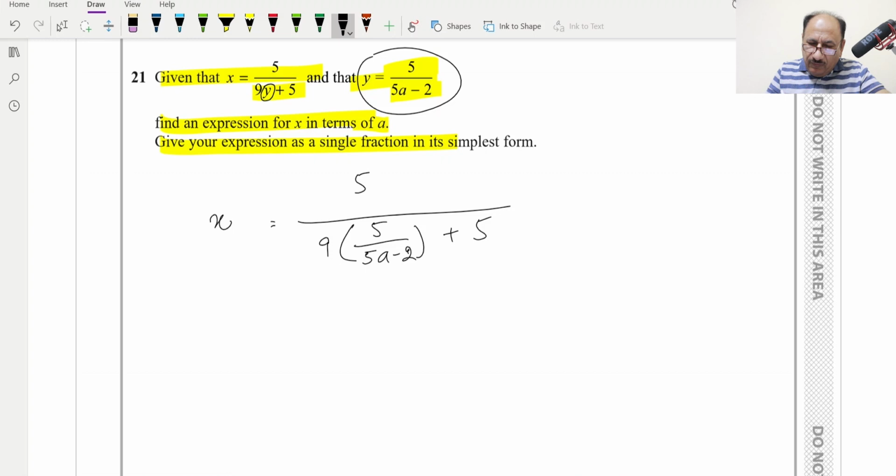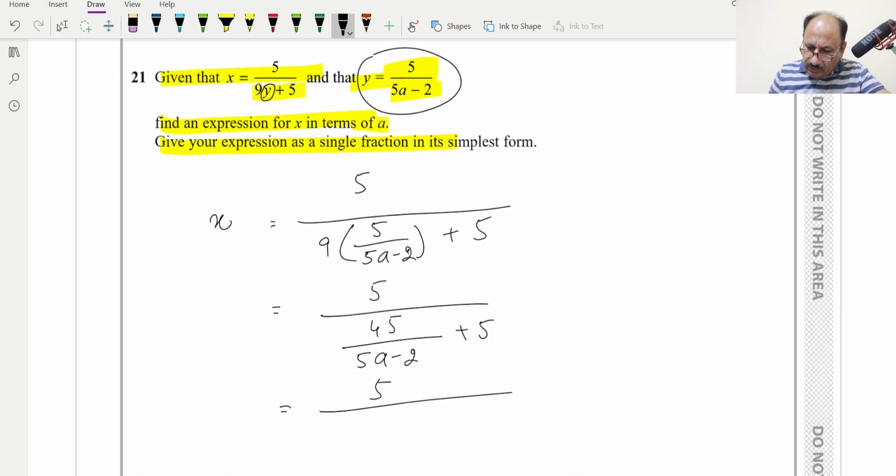To simplify this, we can write it as 5 nines are 45, so 45 over 5a minus 2, plus 5, and we can write it in LCM form.